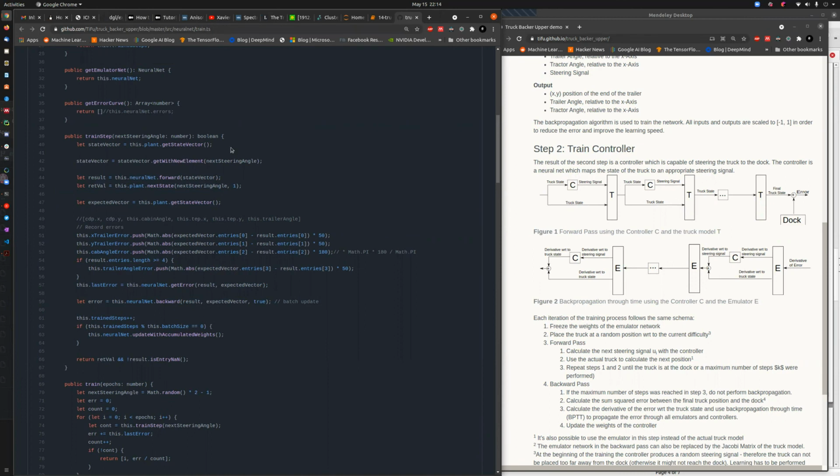First they are taking the state vectors, then the steering angles, and this is from a high level perspective.